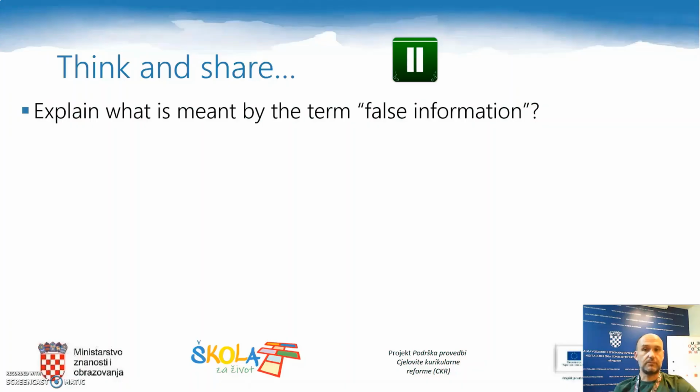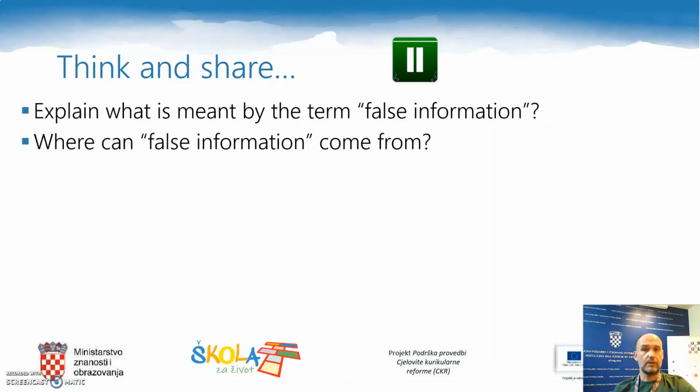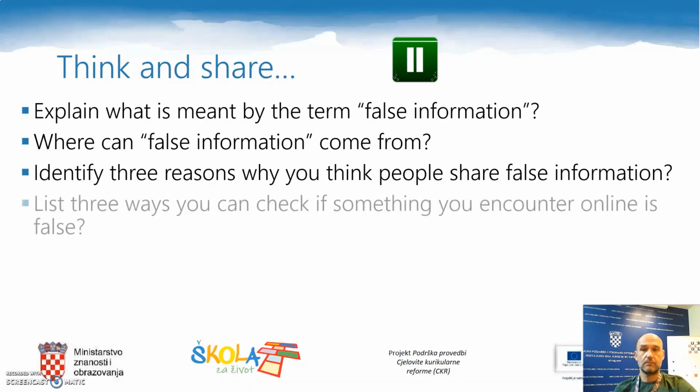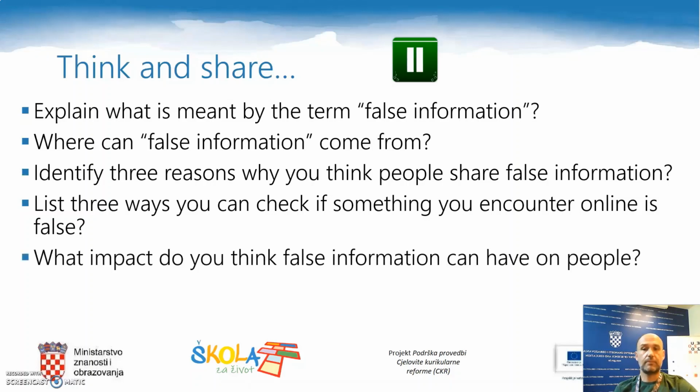Explain what is meant by the term false information. Where can false information come from? Identify 3 reasons why you think people share false information. List 3 ways you can check if something you encounter online is false. What impact do you think false information can have on people?